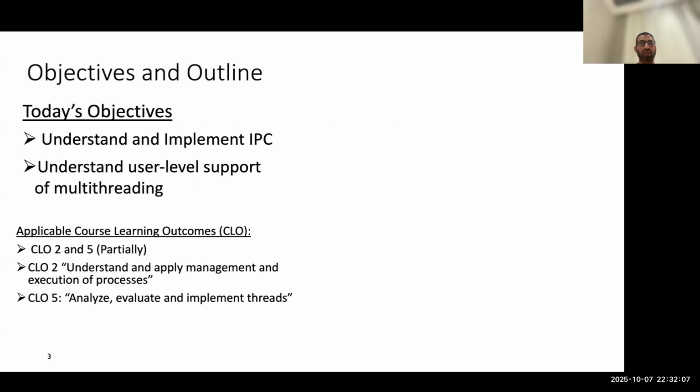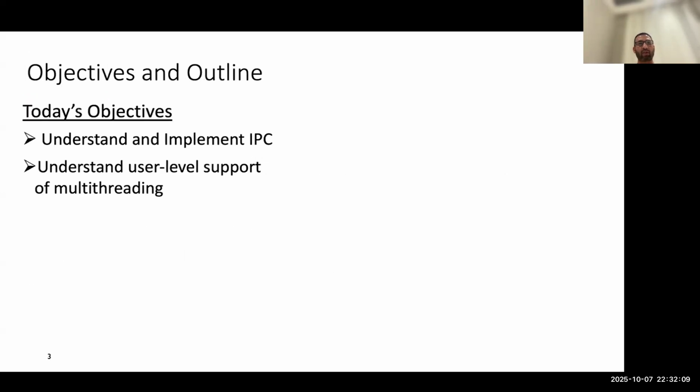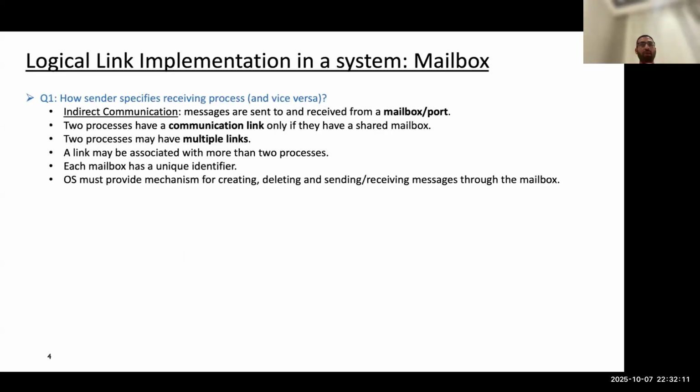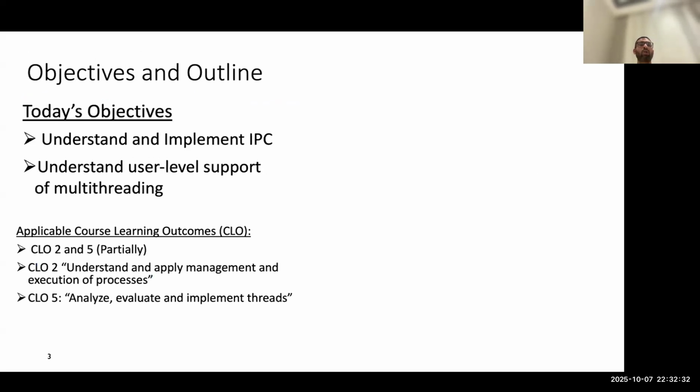And we said that for that purpose there are two mechanisms by which a sender process can send messages to a process. The first mechanism was direct communication, which we covered last time. Both the sender and receiver need to know the process ID of each other.